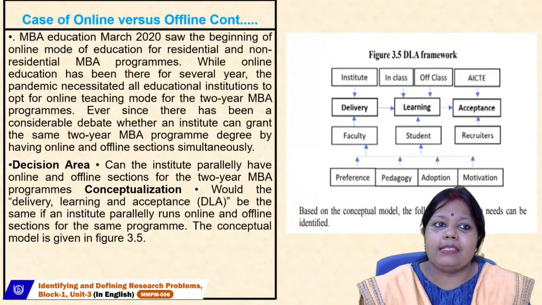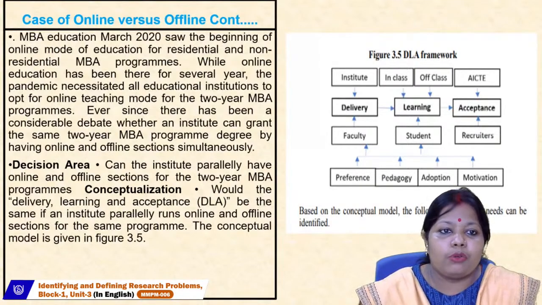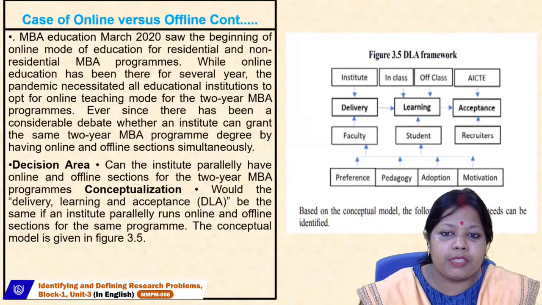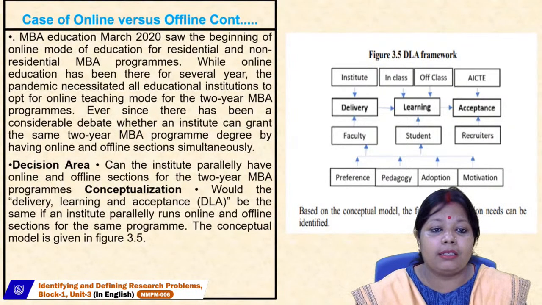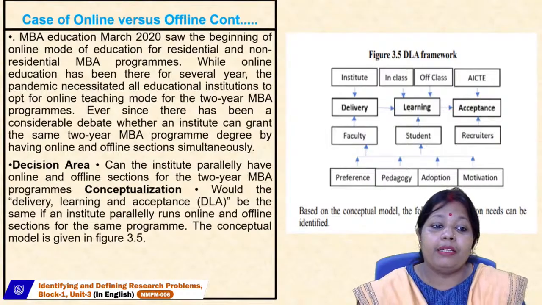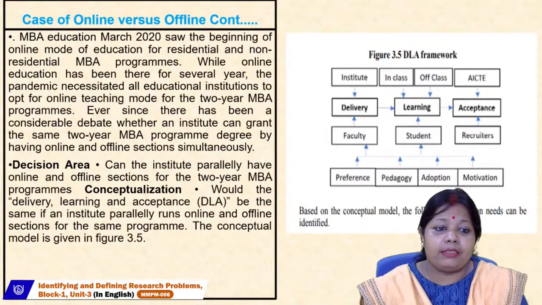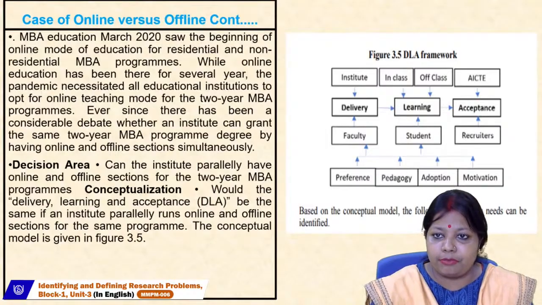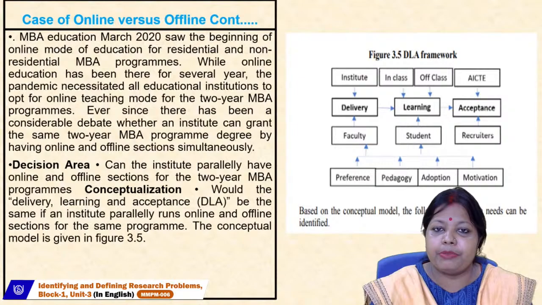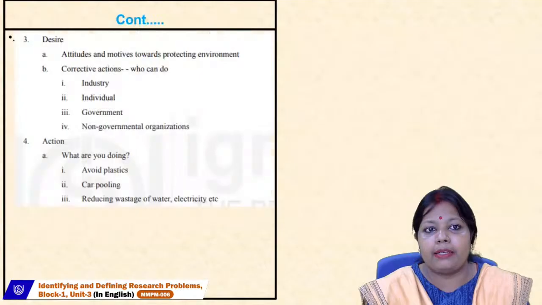We have seen in the second case the DLA framework: if we are running both online and offline MBA programs, what are the consequences and what problems will occur, we can identify by using this research area, one method, or the second method, conceptualization. So we have seen the flowchart. Let us compare the previous flowchart, which I had given in the prior case.